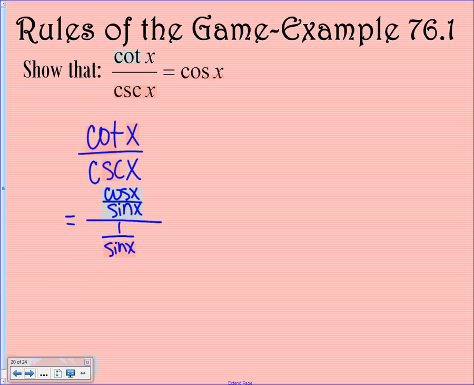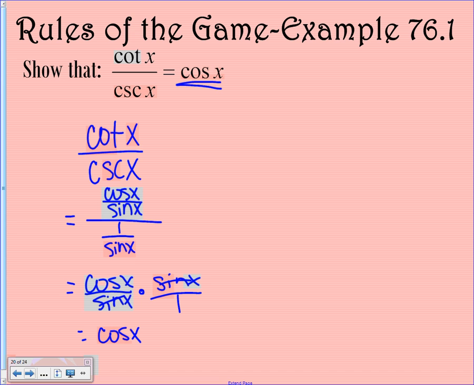So now we can say cosine over sine times the reciprocal, so sine over 1. Then your sines will cancel, and you're left with cosine of x. Well, if you look, isn't that what they give us right here? It is. So you check it off.